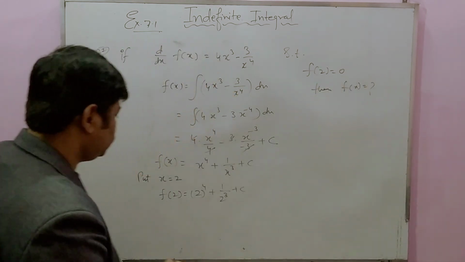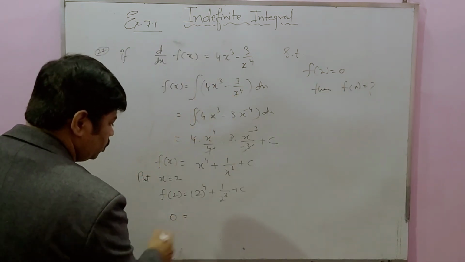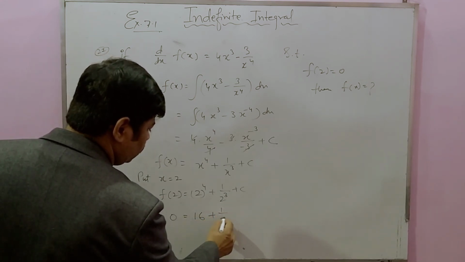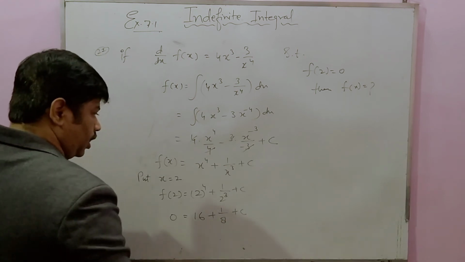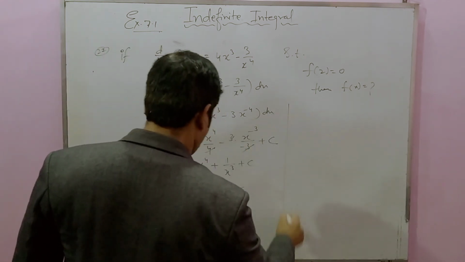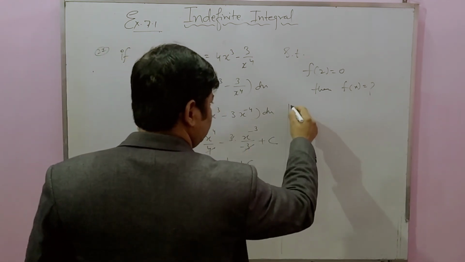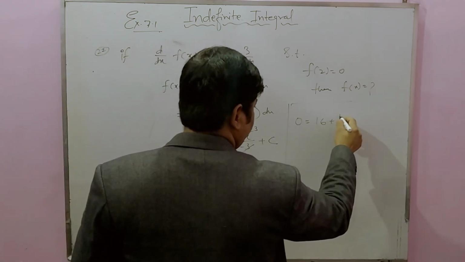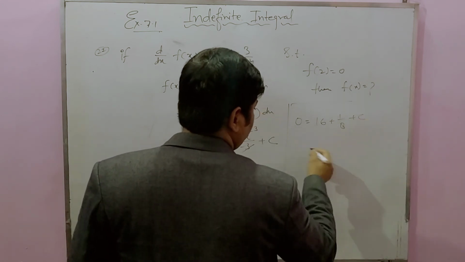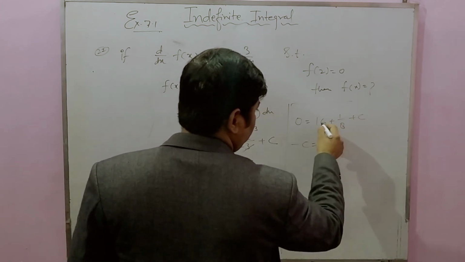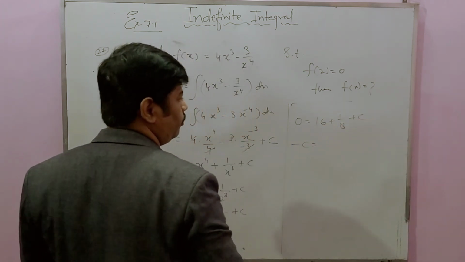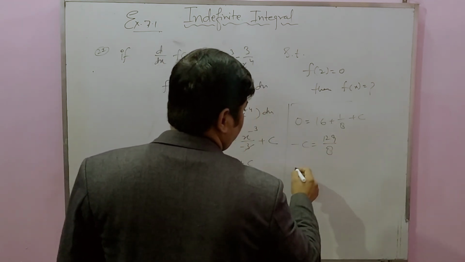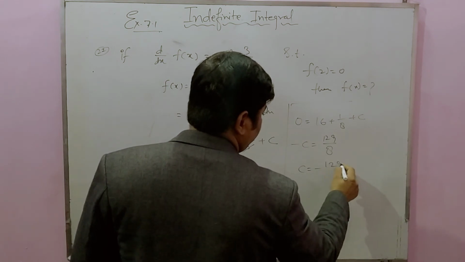So now it should be 0 equals 2 to the power 4, that is 16, plus 1 upon 8, plus c. Now we are going to find the value of c. So minus c equals 16 times 8 is 128, plus 1, 129 upon 8. The value of c is equal to minus 129 upon 8.